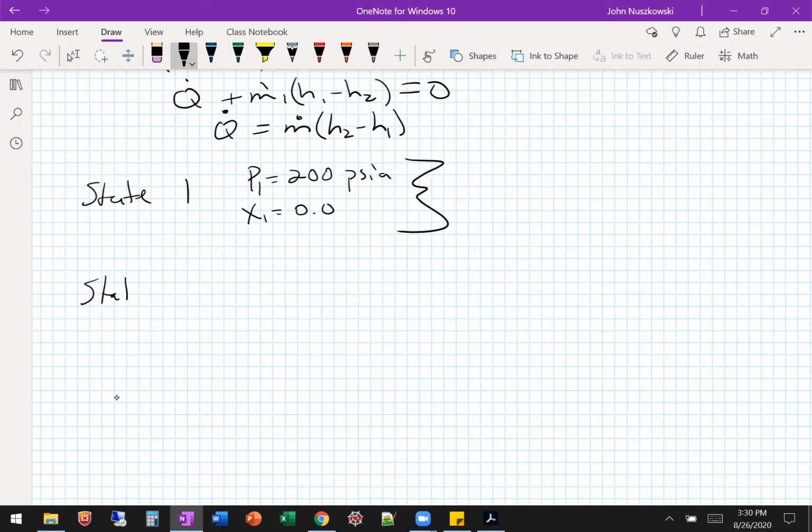State 2, same pressure, but the quality is 1. So we can get H1 and H2.